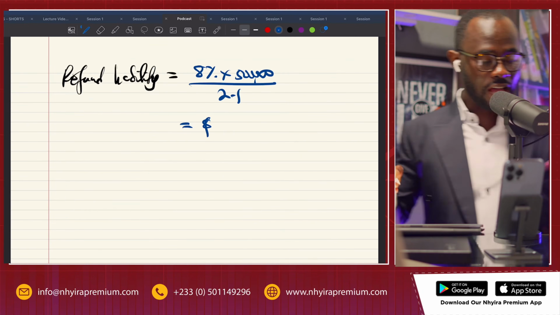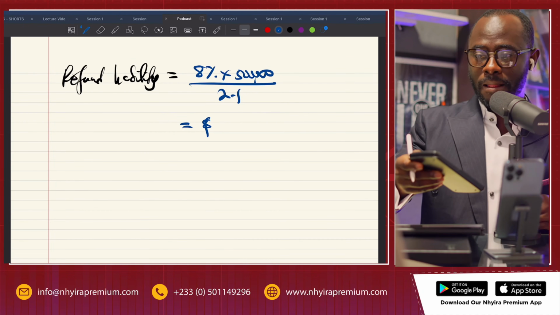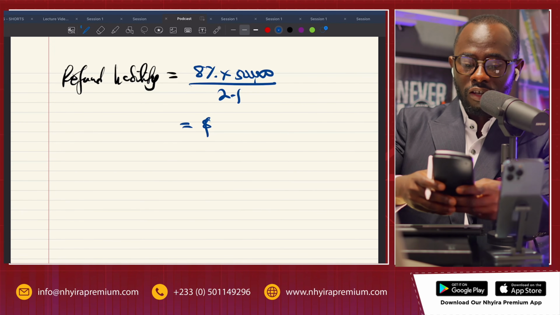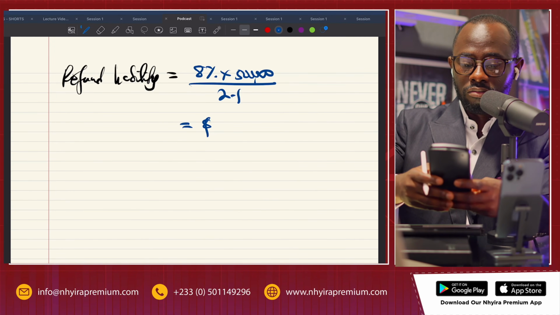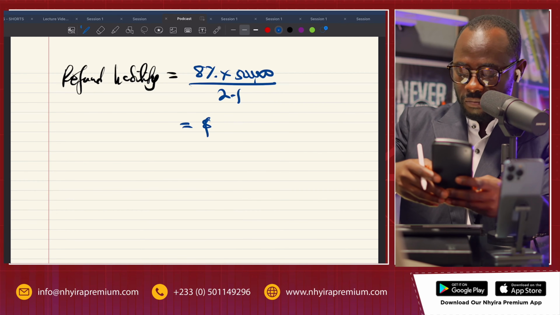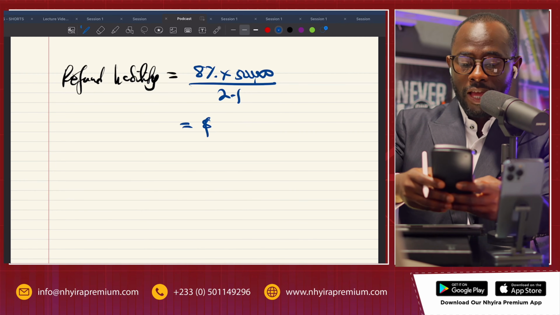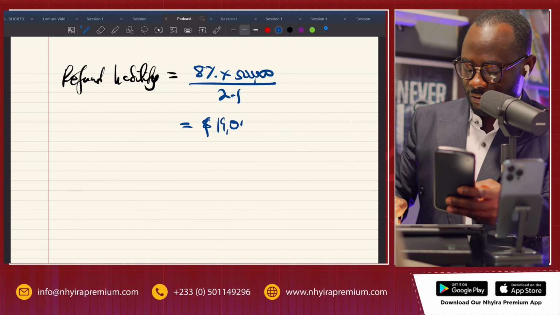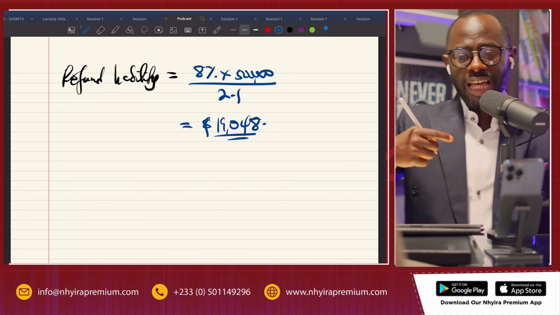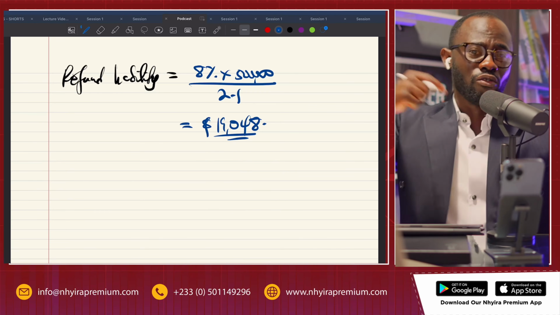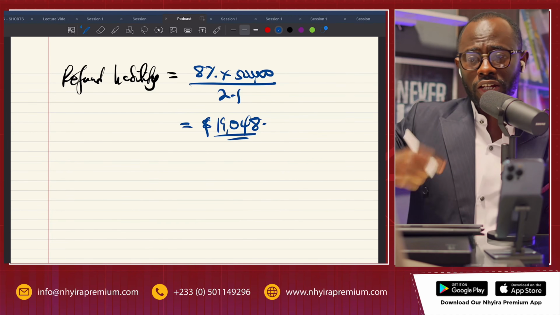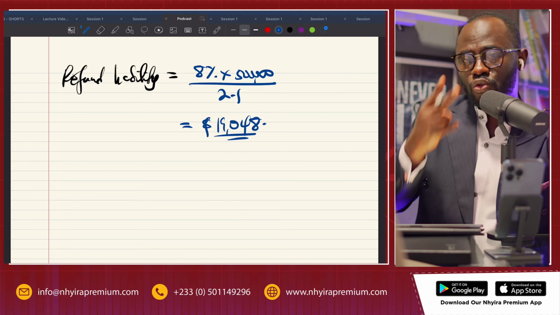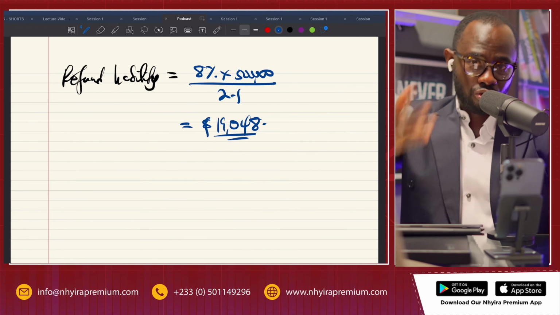So let's punch that out. 0.08 times 500,000 divided by 2.1, and I'm getting 19,048 approximately. This is the refund liability we have to recognize on the statement of financial position under current liability, because we have 2 weeks to go.